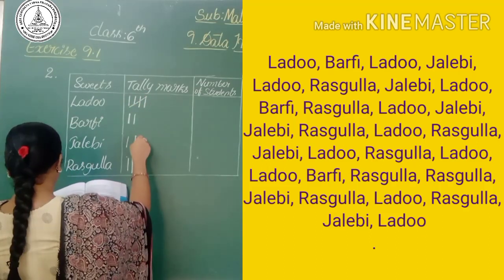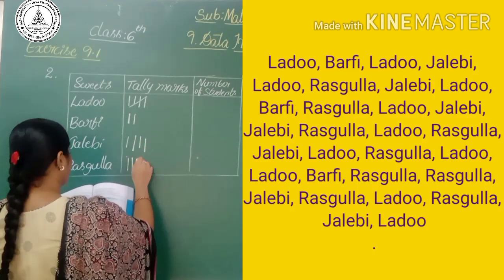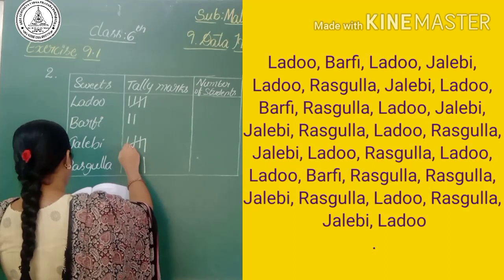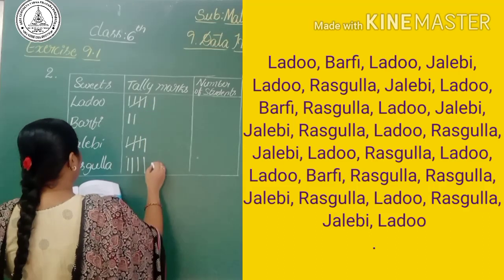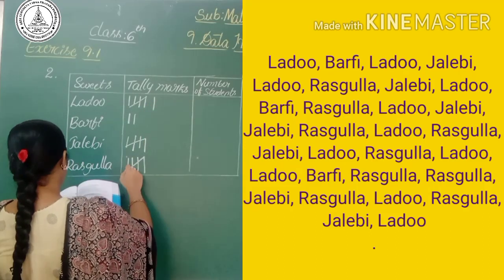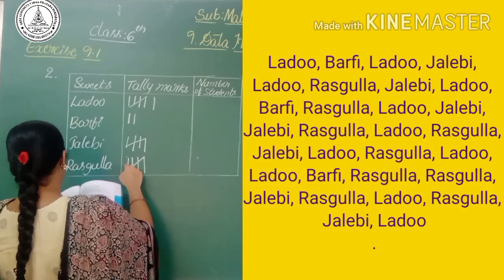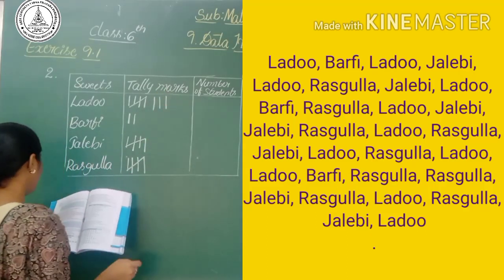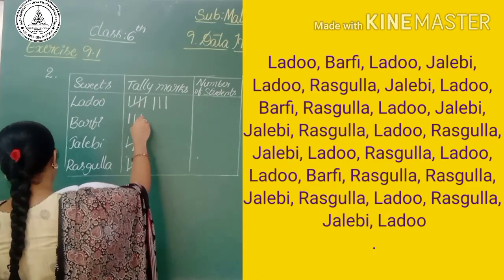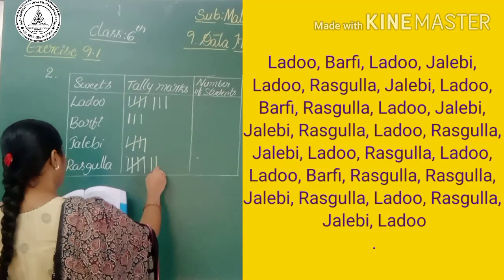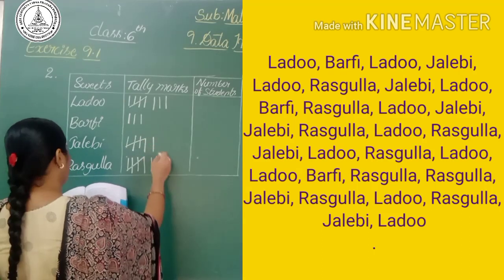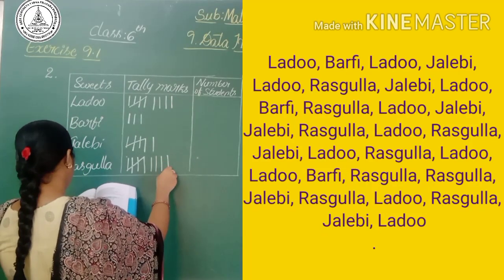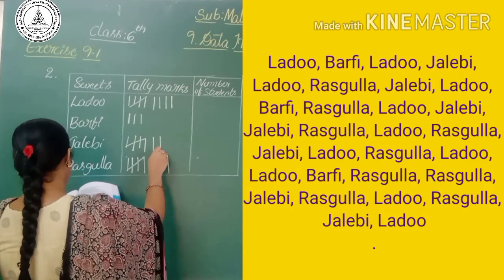And jalebi, rasgulla, then jalebi, laddu, rasgulla, so 5, laddu and again a laddu, and the third row barfi, rasgulla and again rasgulla and jalebi, rasgulla, laddu, rasgulla, jalebi and laddu.